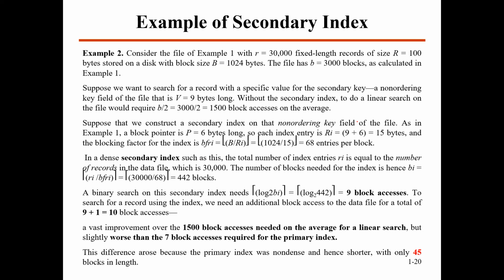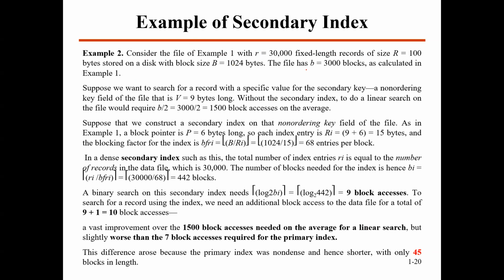Okay, now let us see the access time when we are trying to search by using linear search. Now, considering the same example where we have 30,000 records, and the record size is 100 bytes and the block size is 1024 bytes.